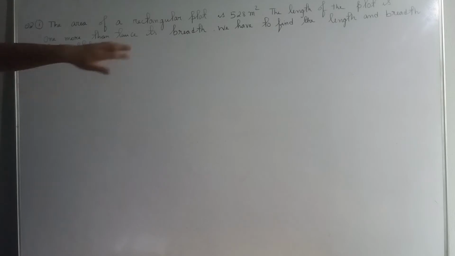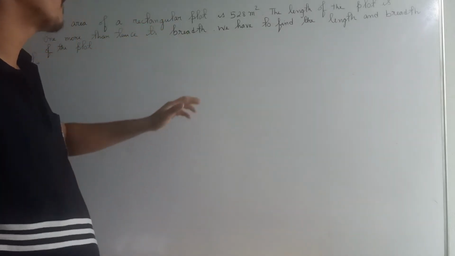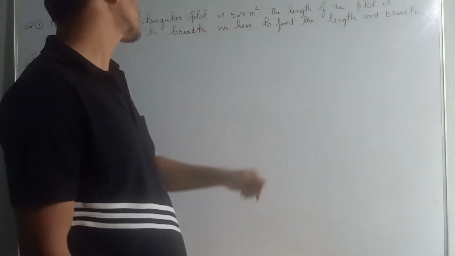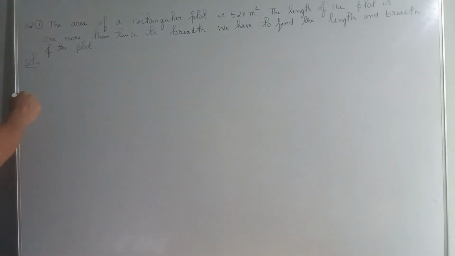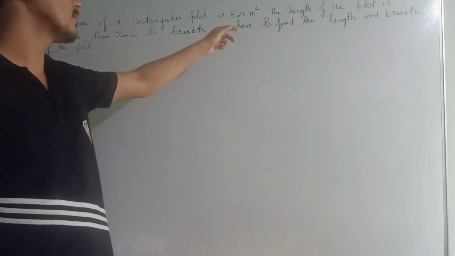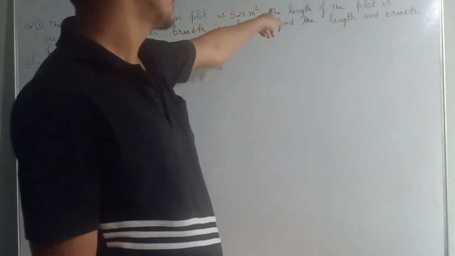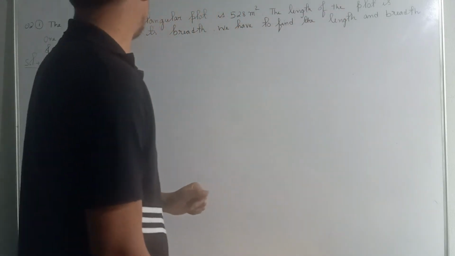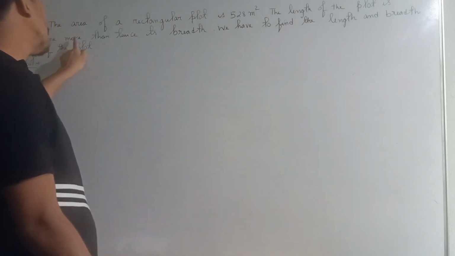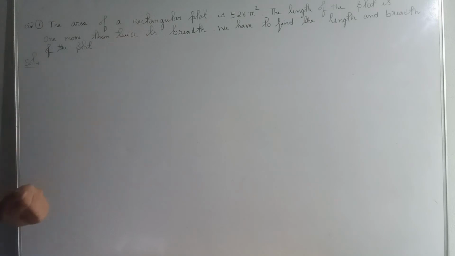The area of a rectangular plot is 528 square meter. So there is a rectangular plot and the area of the rectangle is given to be 528 square meter. The length of the plot is 1 more than twice its breadth.